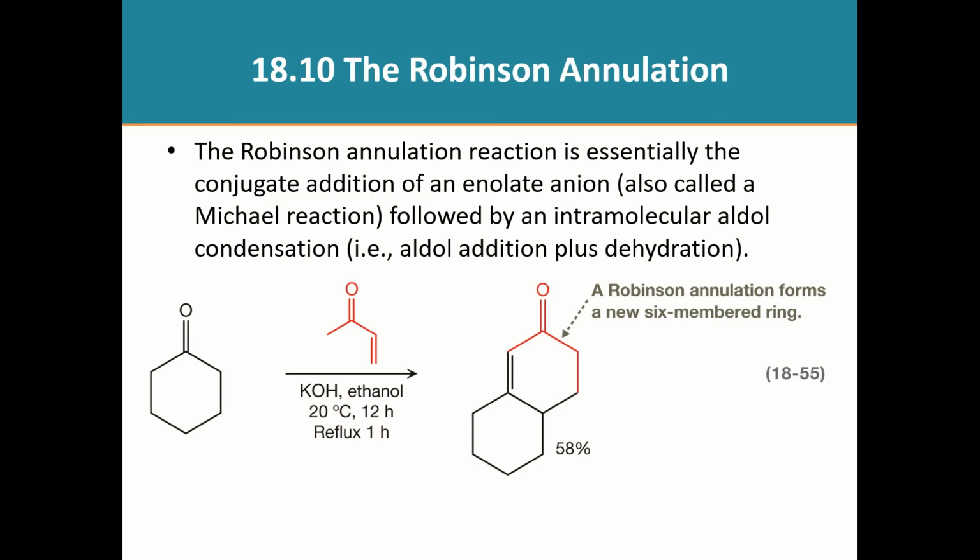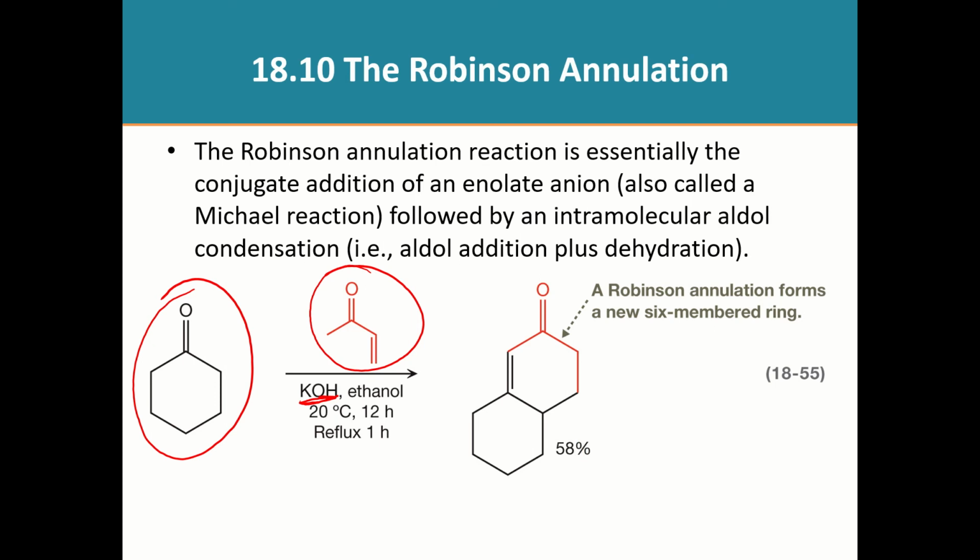So you take a ketone and treat it with an alpha-beta unsaturated carbonyl compound, and then you form a 6-membered ring. And we do that under basic conditions, and we add a little bit of heat, and this reaction goes fairly well. It has a decent yield.